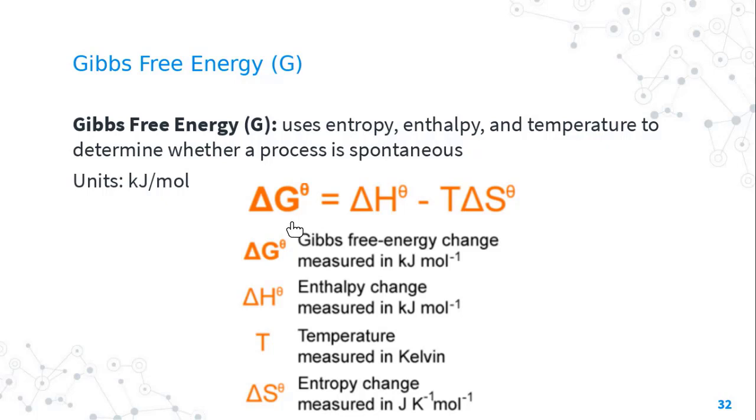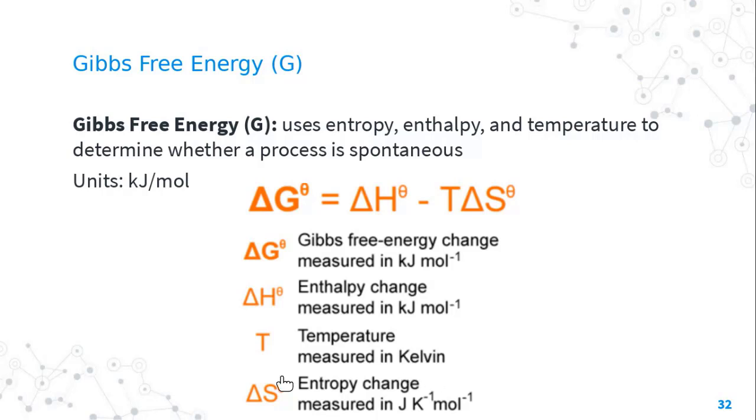And so another thing I mentioned earlier, take a look at these units. Our delta G is in kilojoules, our delta H is in kilojoules, but our delta S is in joules. So I find it easier to just change the delta S into kilojoules when I'm doing these problems because it's just one calculation as opposed to turning these both into joules, but whichever you prefer, you just need to make sure that all of the units are the same. And additionally, this temperature right here is in Kelvin.